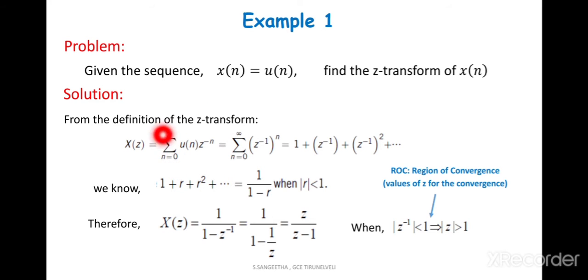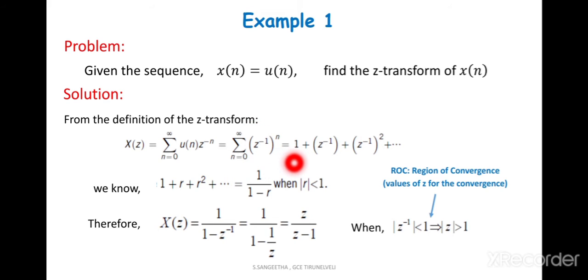So the equation becomes summation of n is equal to 0 to infinity u of n z to the power minus n. Next, summation of n is equal to 0 to infinity z to the power minus 1 the whole power n, and the equation becomes like this. Next we have to expand the equation from 0 to infinity.